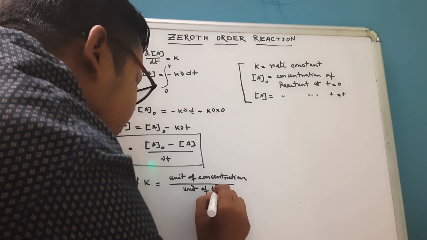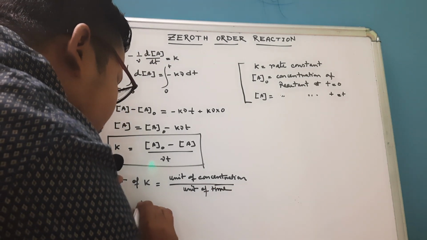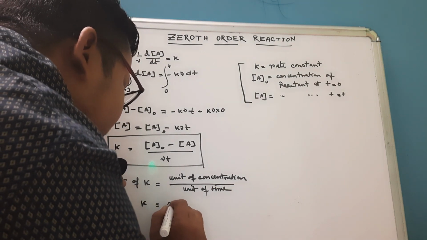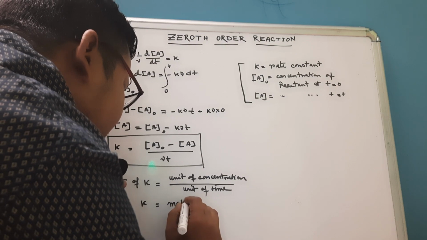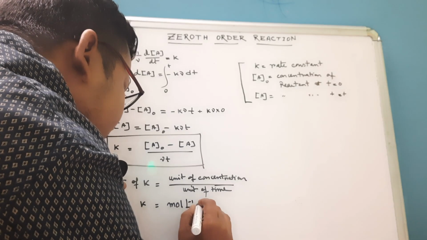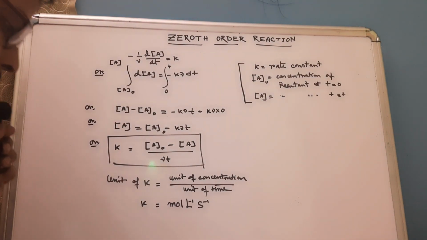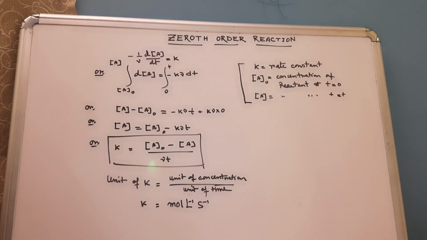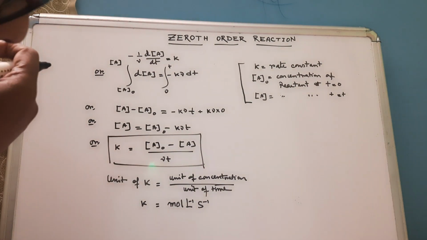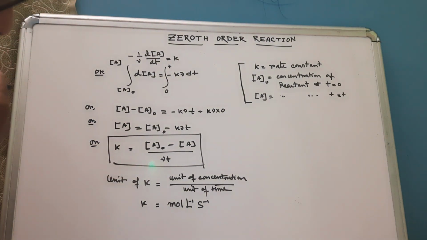Concentration can be expressed in terms of mole per liter, mole liter inverse, and here second. So the unit of k becomes mole liter inverse second inverse. This is the unit of k for a zeroth order reaction.